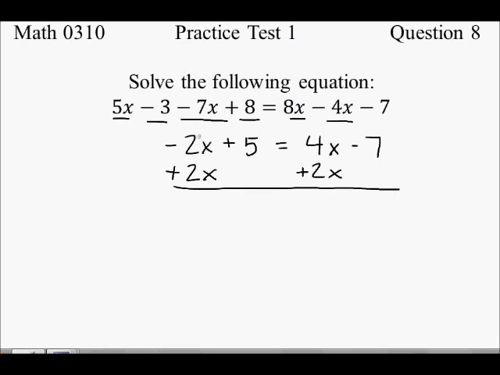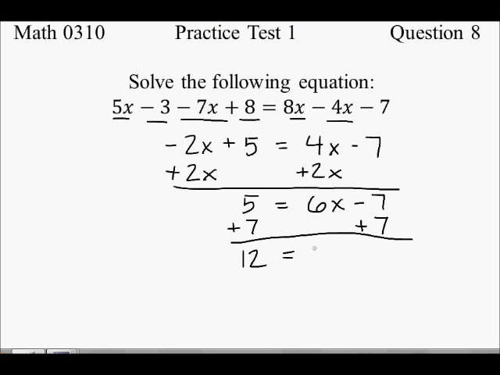And so on the left, we get no x's left, we just have the positive 5 there. And then 4x plus 2x gives us 6x, and we have minus 7. Now we need the x term by itself, so we're going to get rid of the minus 7 by doing an add 7 there. And we'll have 5 plus 7 on this left-hand side here. So we have 12 over there equals 6x.